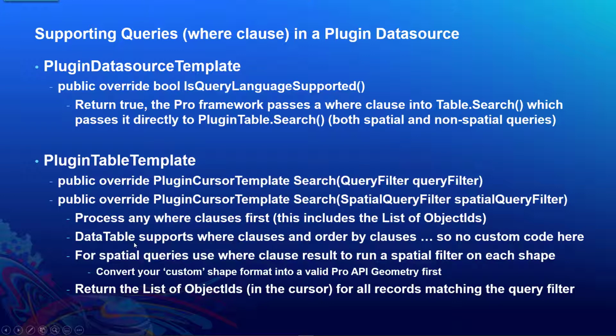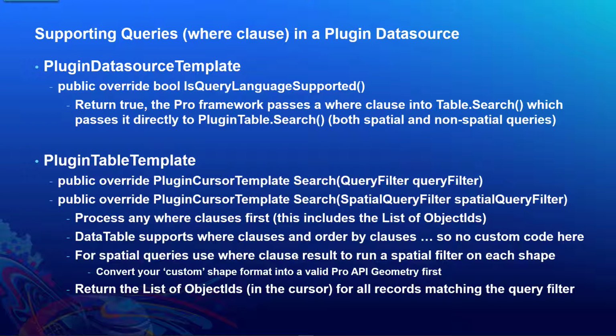So the nice thing is, because I'm using a DataTable .NET object, it supports where clauses and order by clauses natively. So I don't need much custom code here because I can just use that functionality that's built into the data table.